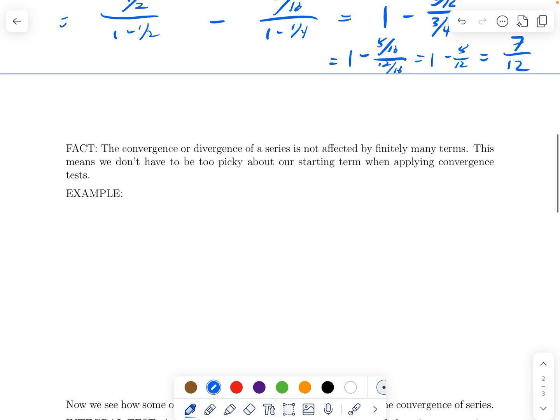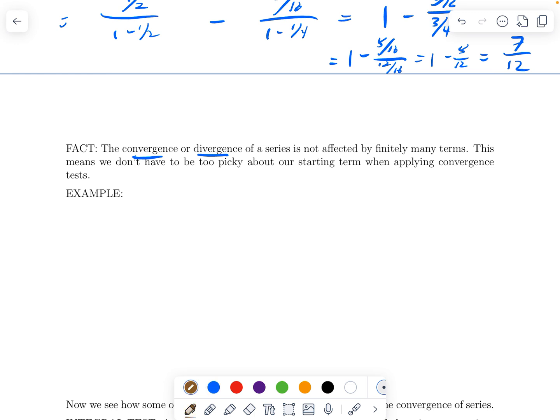And another important thing to keep in mind is that the convergence or divergence of a series is not affected by finitely many terms. Convergence is about what happens in the limit. And if we have some odd behavior happening for a finite number of terms before a pattern emerges, that's fine.